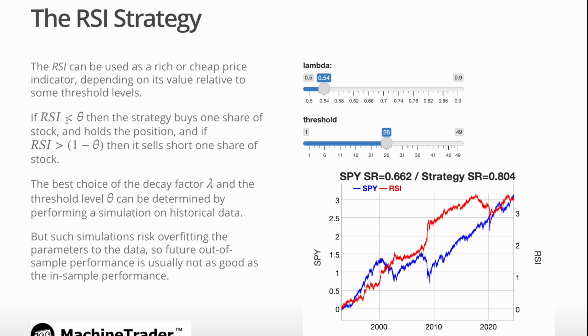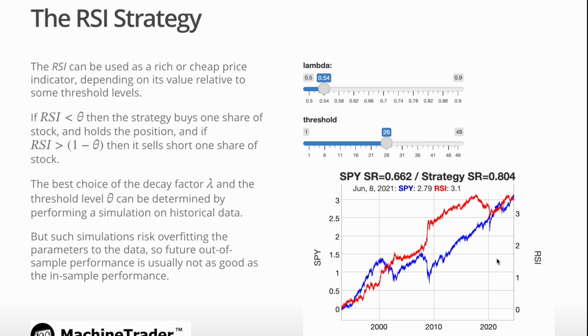If the RSI is less than theta, then the strategy buys one share of stock and holds that position. And if the RSI is greater than 1 minus theta, then it sells short one share of stock. So the strategy is always either long one share of stock or short one share of stock, depending on the recent RSI value.